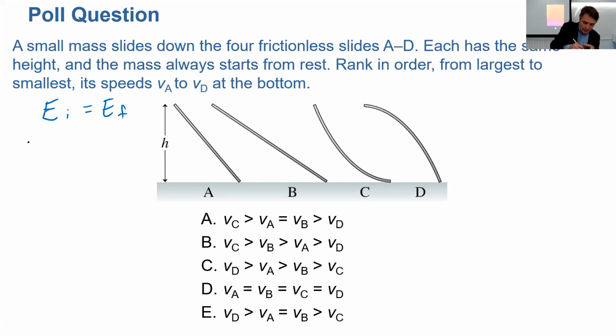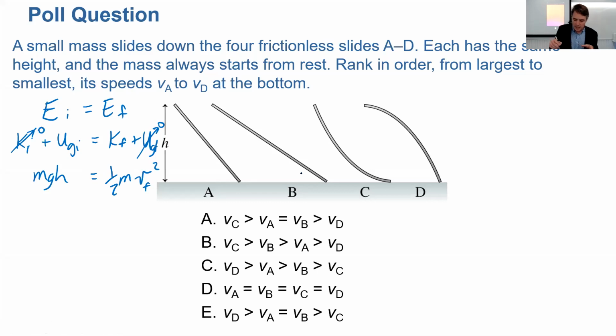E initial is kinetic plus gravitational, equals kinetic final plus gravitational final. If you start from rest, then that's 0. If you end at 0 height, then that's 0. So you end up with m times g times h equal to 1/2 times m times v final squared. And that's going to be the same for all of these if there's no friction.